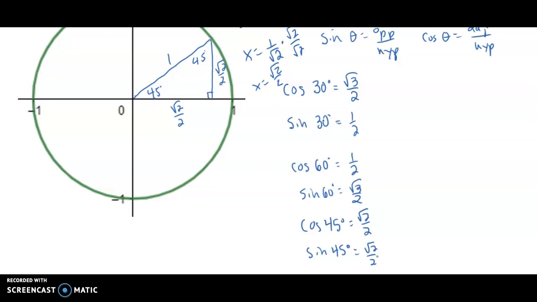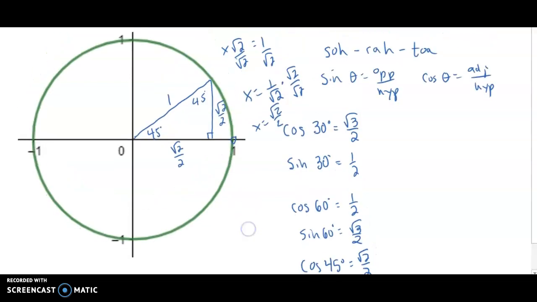The other thing I want to look at is we've got a couple other spots here, right here and right here. Now here's the cool part about the unit circle. The x-coordinate is going to be our cosine value. The y-coordinate is going to be our sine value. So if I look at this ordered pair right here, that ordered pair is 1, 0.